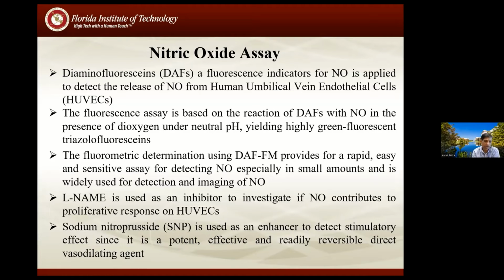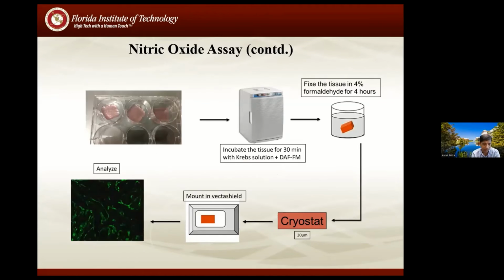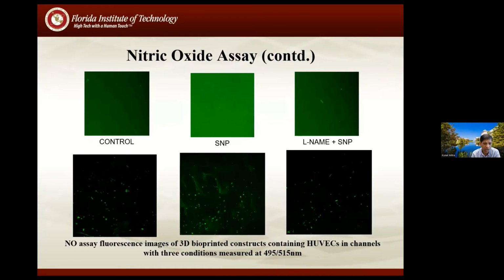So we want to really make sure that the mechanisms we wanted to study, which will be done in a real environment, can be replicated in lab studies. So we did the whole assays in a lab setting to show how we are able to enhance this with a control and sodium nitroprusside, and then if you use L-NAME, it brings it down.